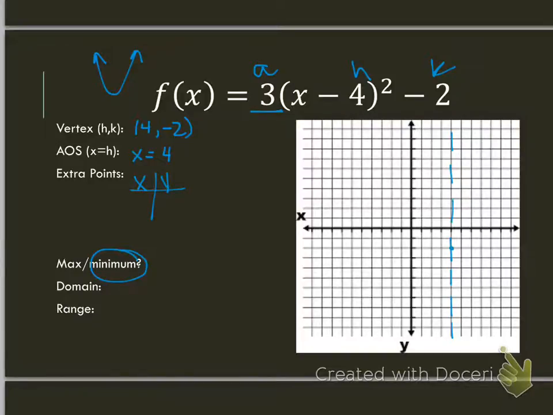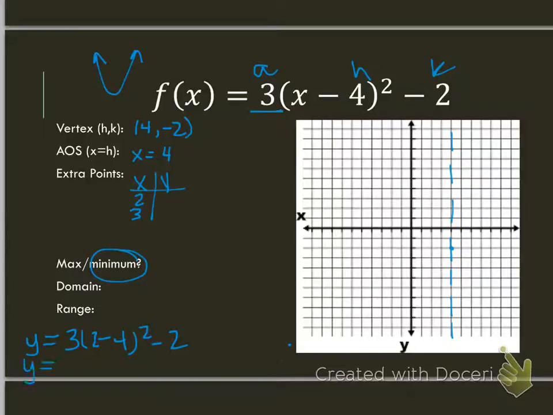So let's pick 2 points to the left of my AOS. So we could do 2 and 3 and plug those in so we can find our y values. So y equals 3 times 2 minus 4 squared minus 2.